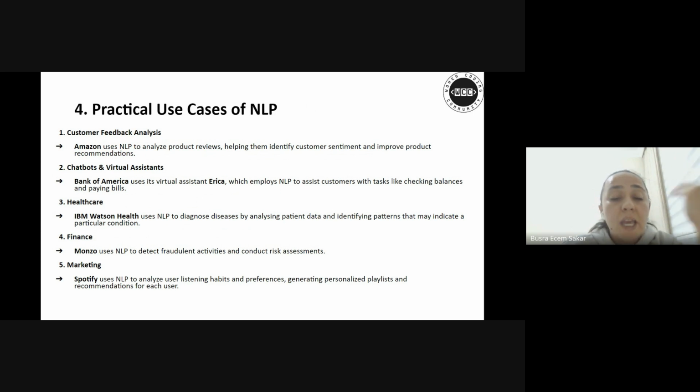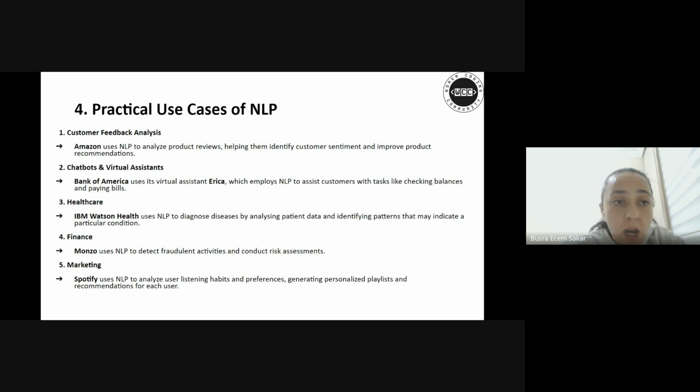And named entity recognition, again, is used to process customer input and extract key entities like account numbers, dates, and amounts. Once Erica understands the query, it generates human-like responses with GPT-based models to guide the user through their task. This is a great example of how NLP is making virtual assistants more conversational and more human.